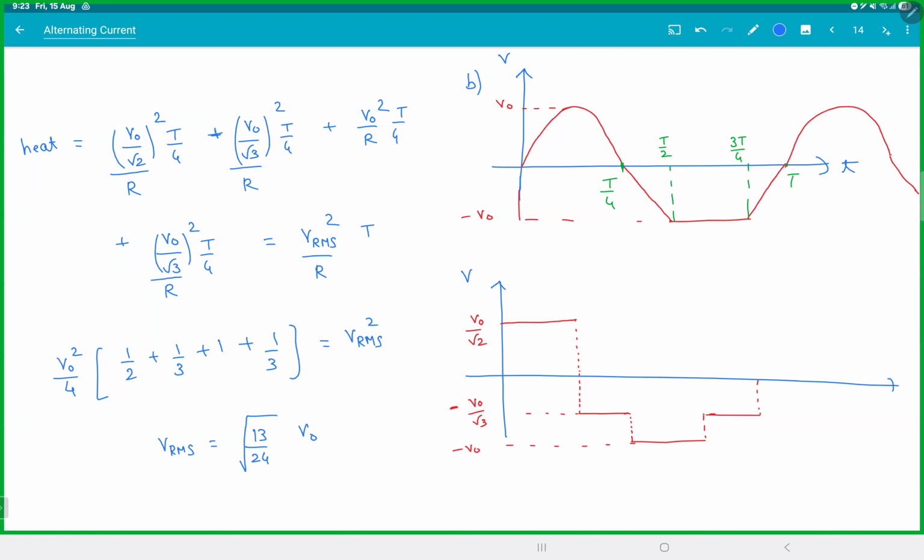Clear, everyone? Any doubts on this? Next thing.